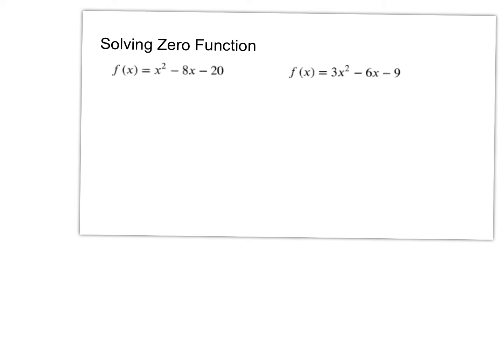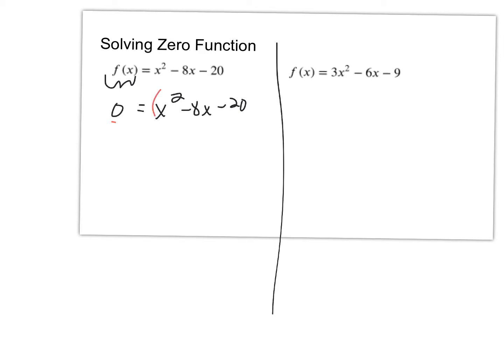Again, zero function, or finding the zeros, basically says you're going to take f of x and change it to 0, like so. Okay? And now that we have it equal to 0, now we just do what we've been doing. So, does one side equal 0? Yes.